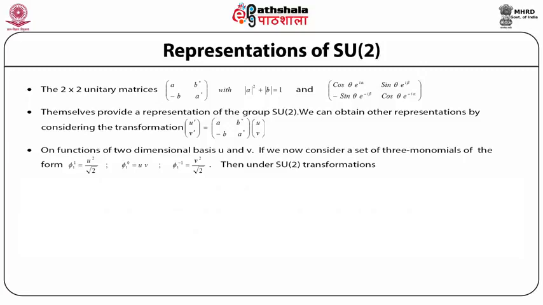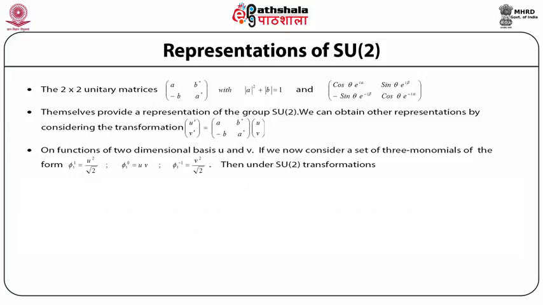Now we construct three monomials from this basis: phi 1 1 is equal to u square by root 2, phi 1 0 is u multiplied by v, and phi 1 minus 1 is v square by root 2. We will now see how these three monomials transform under the group SU2.